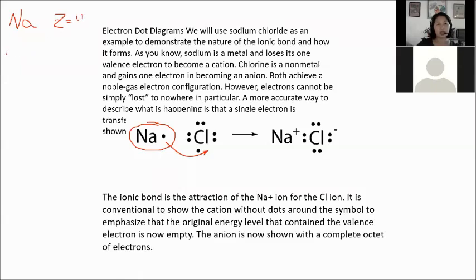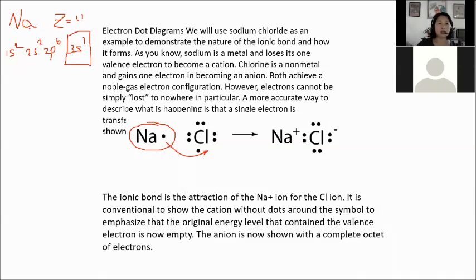So pag i-distribute natin yan, starting sa 1s2, so yan ang first level. And then 2s2, 2p6, and add natin ito, 2 plus 2 is 4 plus 6 is 10. May isa pa, na? So sa third level, 3s1. Okay, so ito yung outer level.